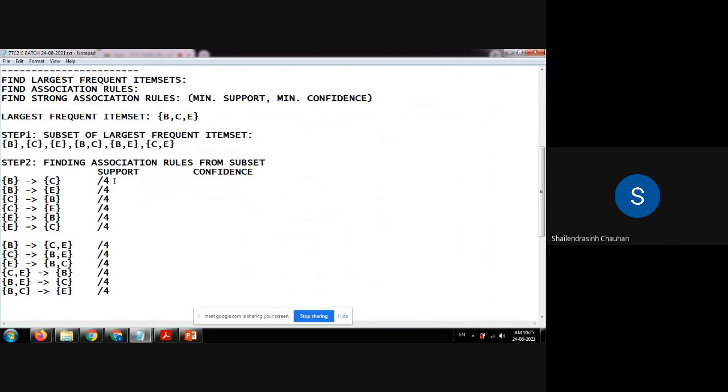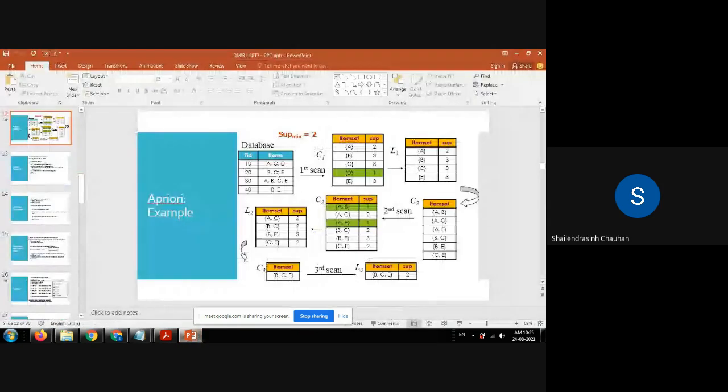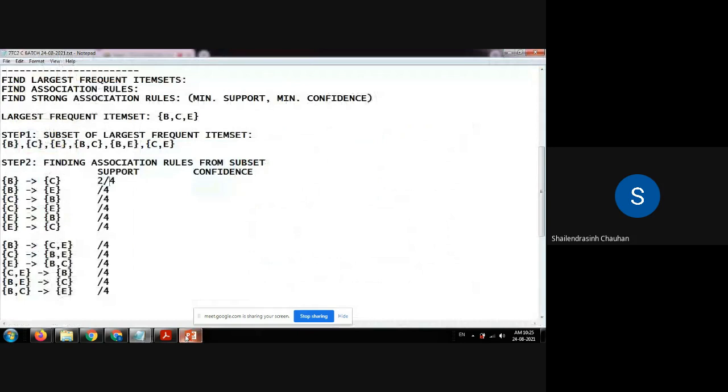So support for BC. Out of 4 transactions, in how many transactions you are having BC both together? Just observe this table. T20 and T30. Right, so 2 by 4, that is 50%. Now BE, out of 4 transactions, in how many transactions you are having BE both together?